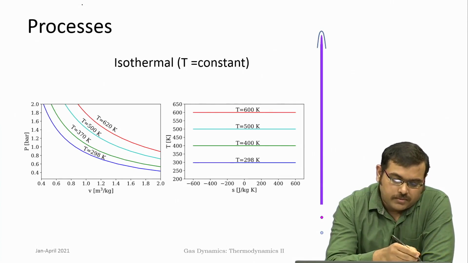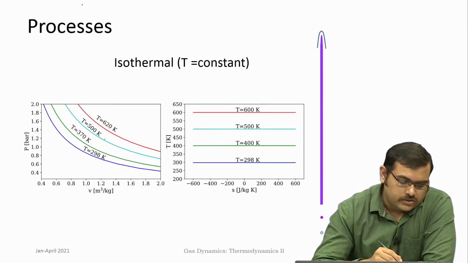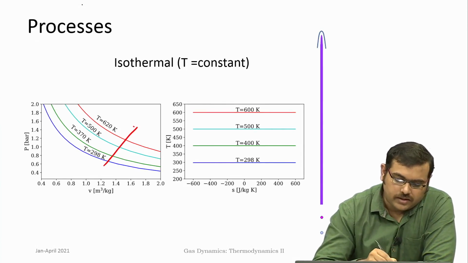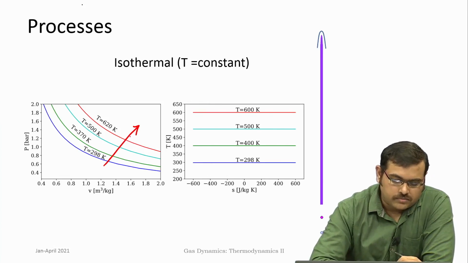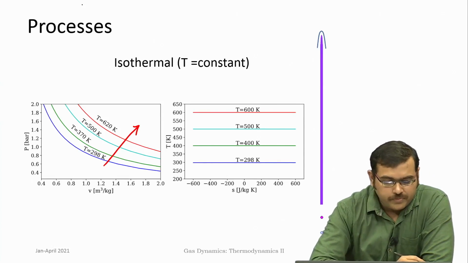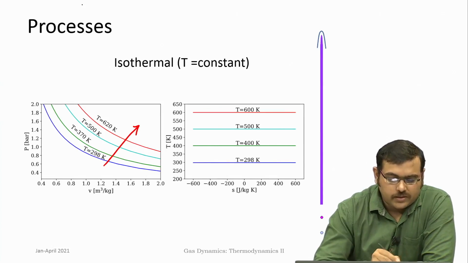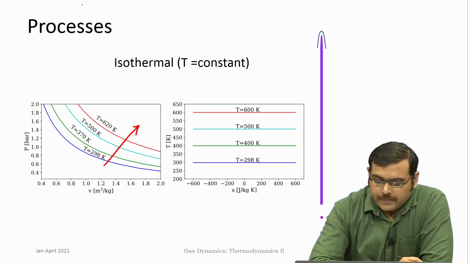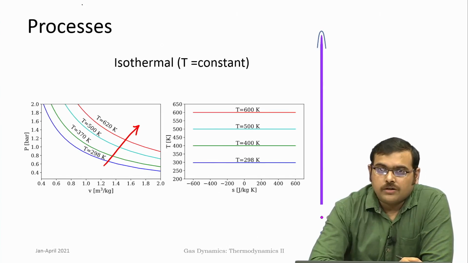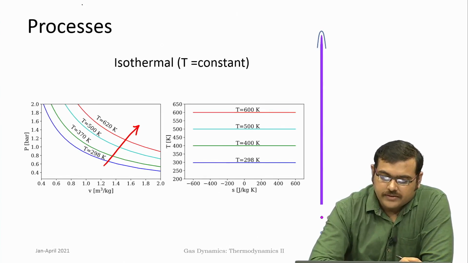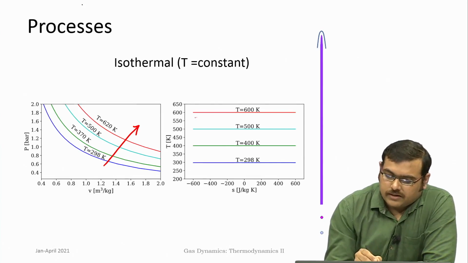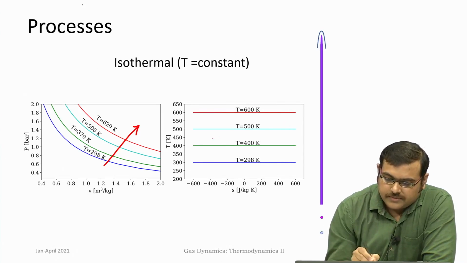These come about to be rectangular hyperbolas, and their direction is such that along this direction they are increasing. So you have 298 Kelvin, it goes up to 620 Kelvin, and in a TS diagram the constant temperature lines or isothermal lines are just horizontal lines.